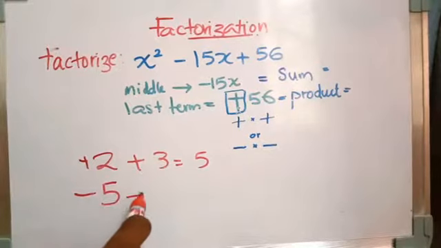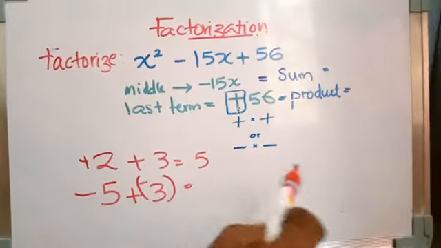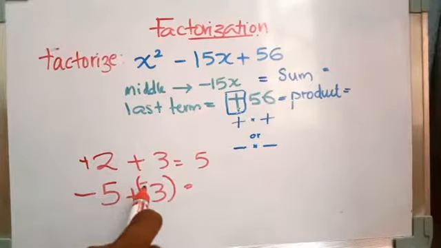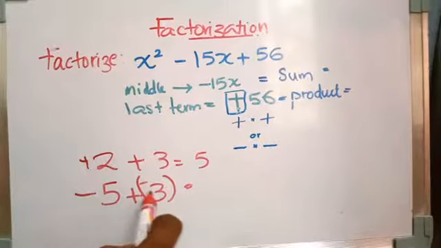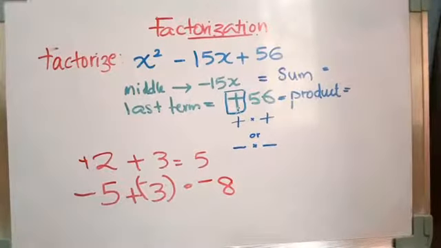Minus 5 plus minus 3: here both the numbers have the same sign, so add the numbers with the sign minus. So when do we add the numbers? When two or more numbers have the same sign, then they can be added.